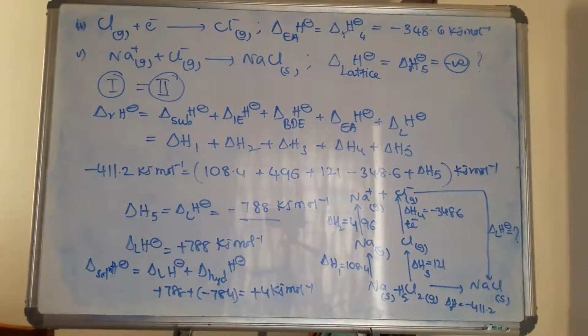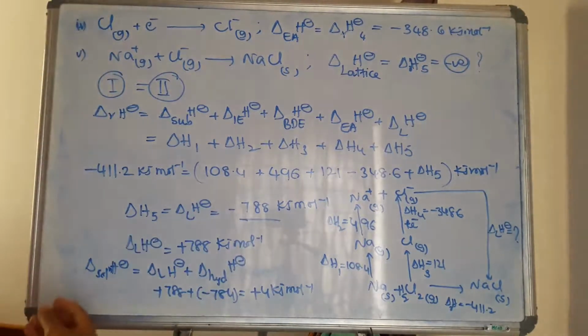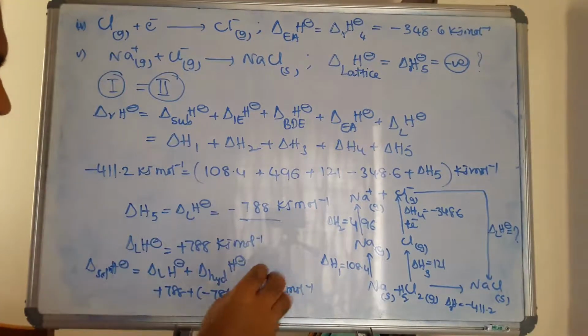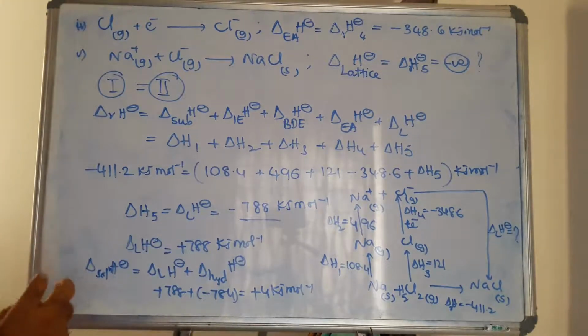With this, the standard enthalpy of lattice enthalpy is completed. But keep in mind, for competitive exam purposes, they may directly ask the lattice enthalpy value. Otherwise, how will you calculate the lattice enthalpy? By using an indirect method, that is the Born-Haber cycle.